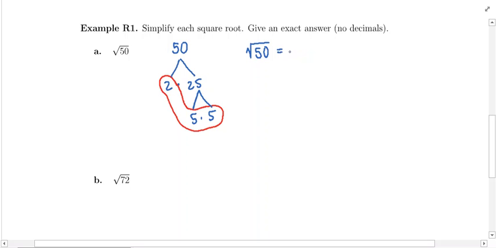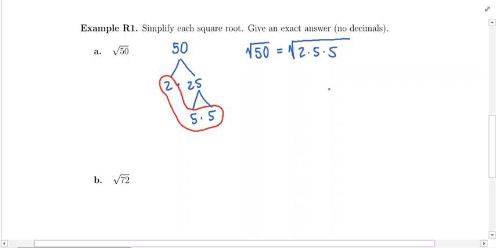Next, I rewrite 50 using the circled numbers, in ascending order with pairs next to each other. So this is going to be 2 times 5 times 5.